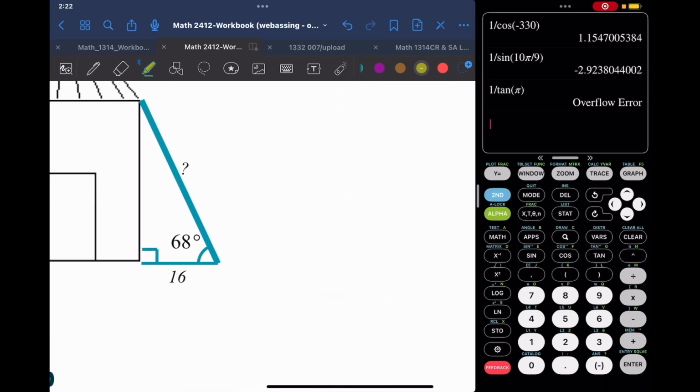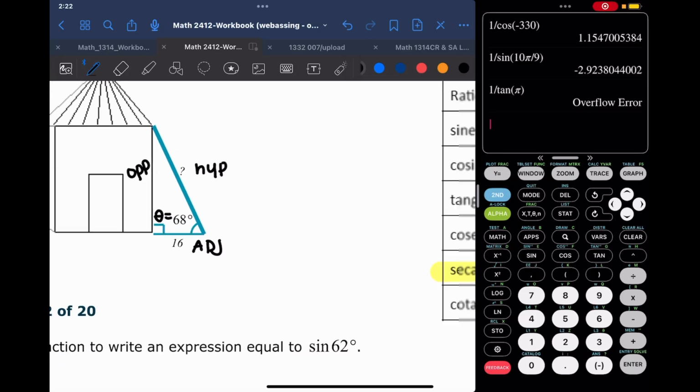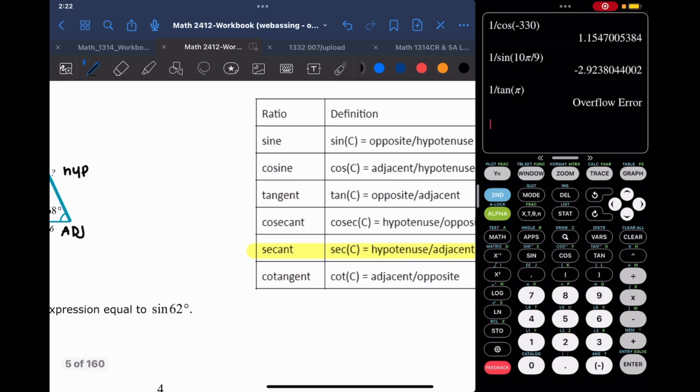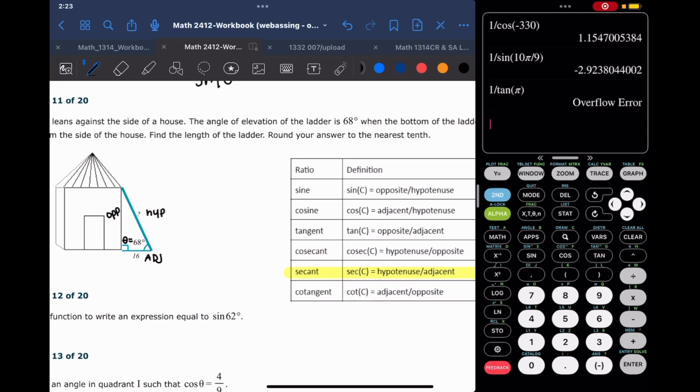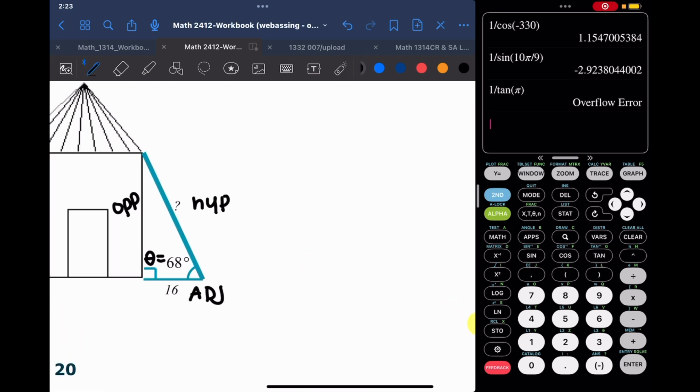When we label this, this is our theta. So that means that this is the adjacent, this is the hypotenuse, and this is the opposite. So when I look at secant, I have the adjacent and I'm trying to find the hypotenuse. The hypotenuse, or the unknown side, is going to be x.